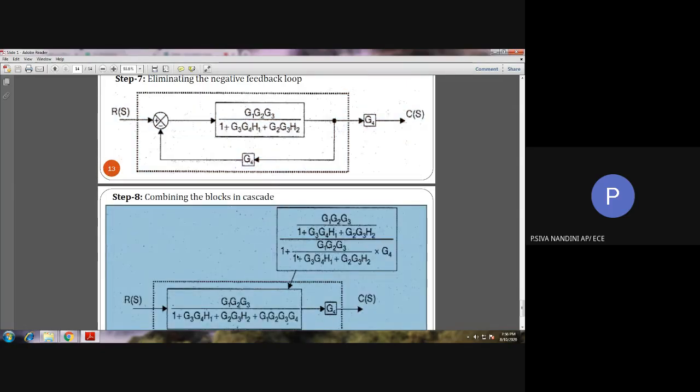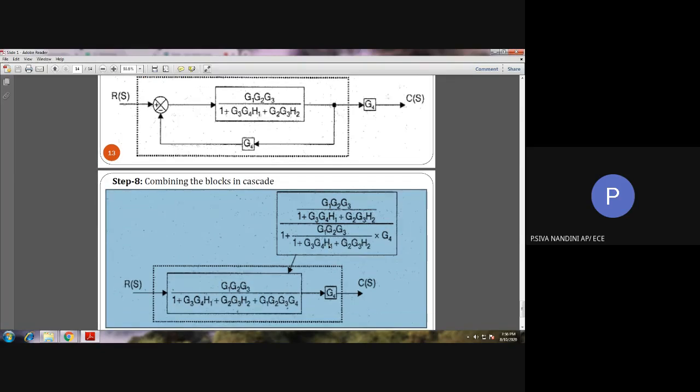So again, we need to take the LCM of the denominator and then we can cancel 1 plus G3 G4 H1 plus G2 G3 H2. This is in the numerator and denominator, and the rest of the mathematical term after cancelling is shown in step number 8. Okay. See here, in step number 8, we are having two blocks.